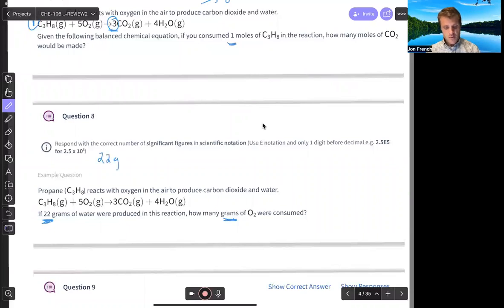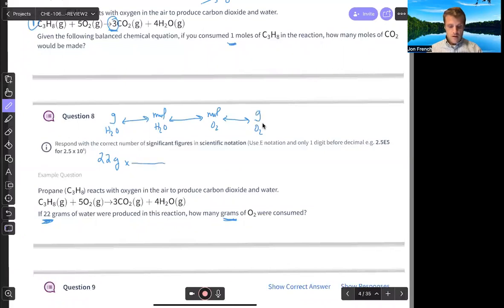So we've got 22 grams of water, and we're going to map this out. I'm going to go from grams of water to moles of water using the molar mass. I'm going to use the mole ratio to convert moles of water into moles of oxygen. And then, again, I'm going to use the molar mass of oxygen to find grams of oxygen.